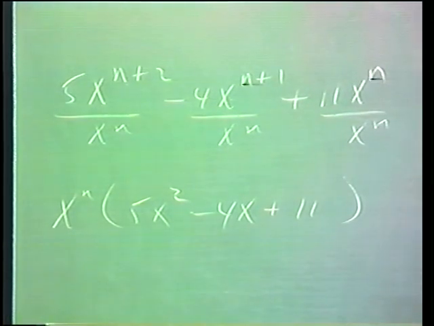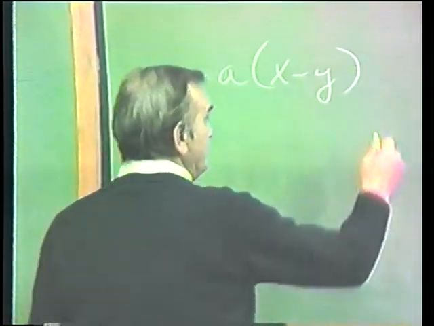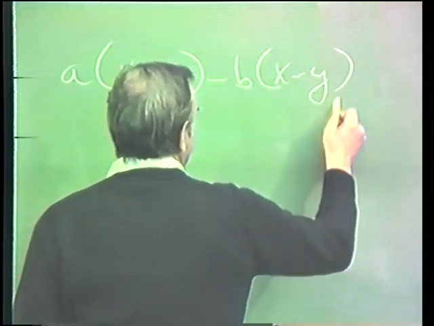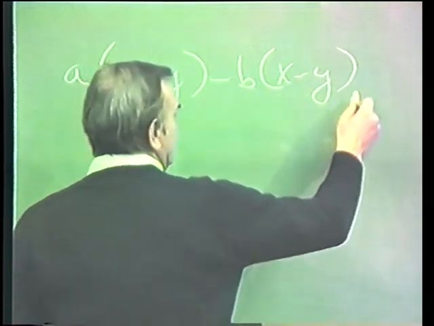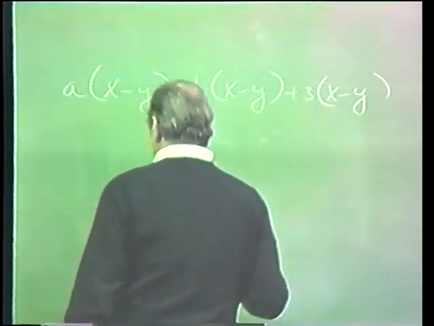Let's suppose I have a times the quantity x minus y, minus b times the quantity x minus y, plus 3 times the quantity x minus y.